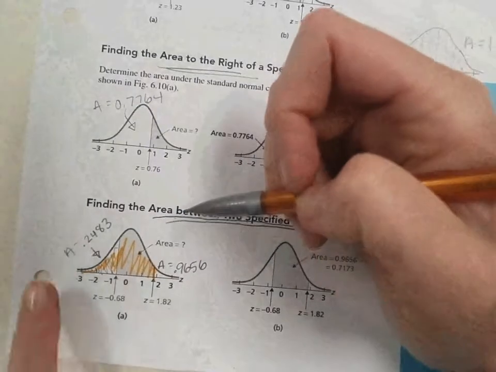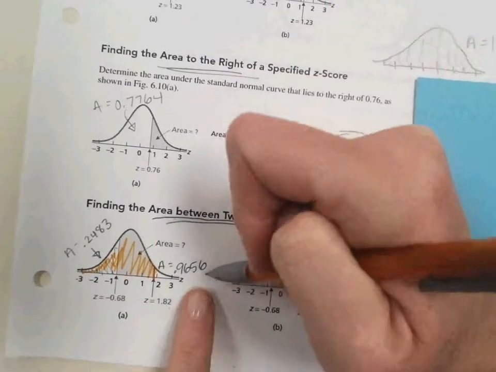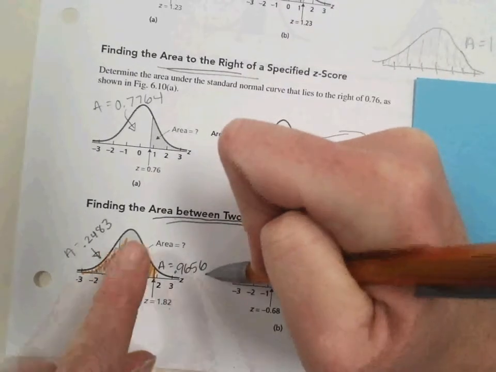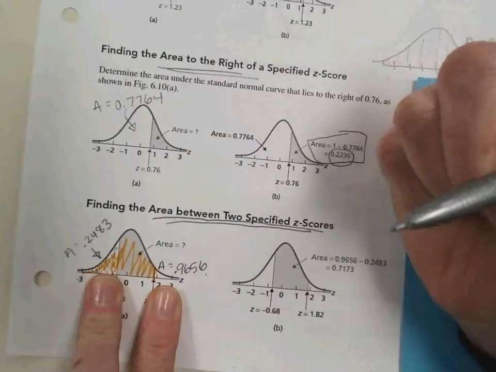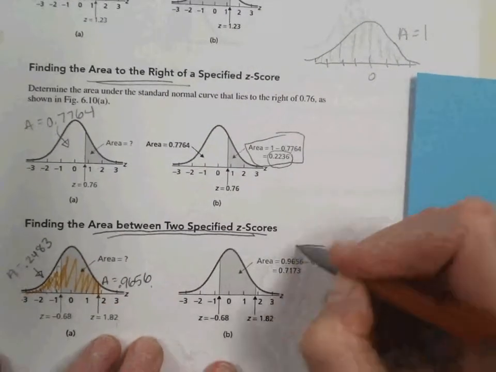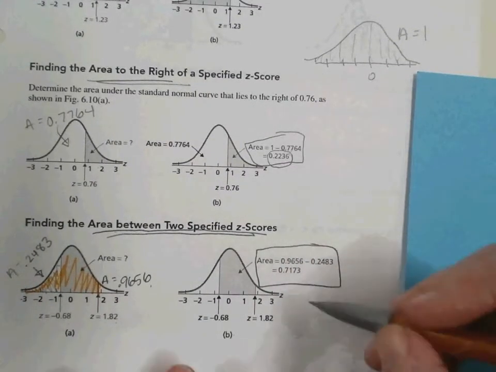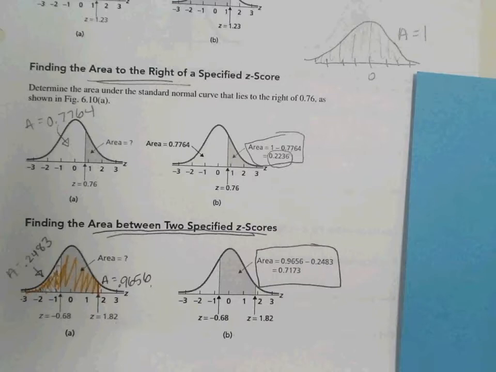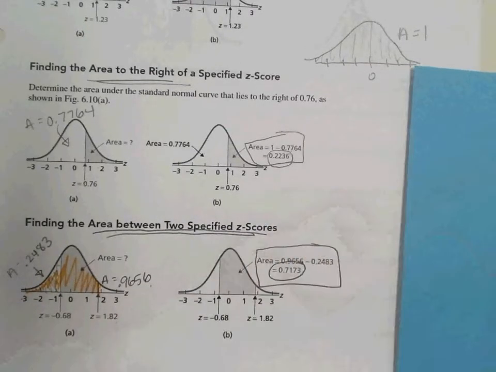So you can imagine it makes sense then to just subtract off the 0.2483 from the 0.9656 to get just the region that's shaded in between the two, which is what they've done here. So the shaded region between the two z-scores is 0.7173.